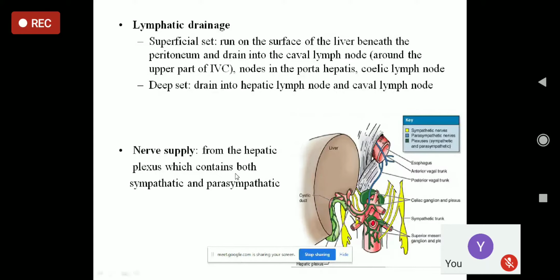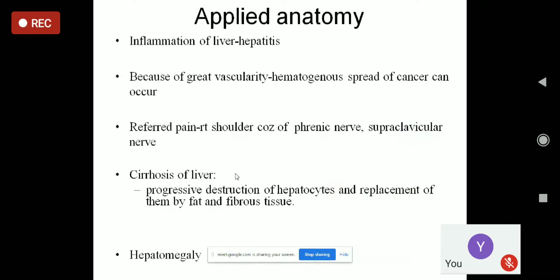Okay. Now applied anatomy. Inflammation of the liver is hepatitis. Because of the great vascularity, hematogenous spread of cancer can occur here. And referred pain, this is very important, is felt towards the right shoulder because of the phrenic nerve and supraclavicular nerve.